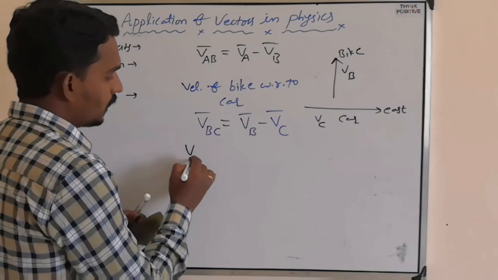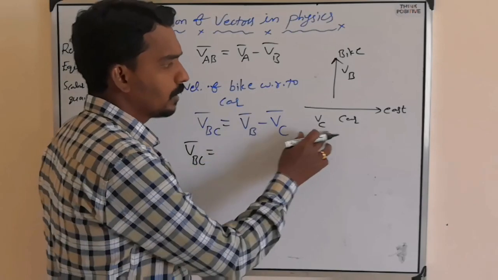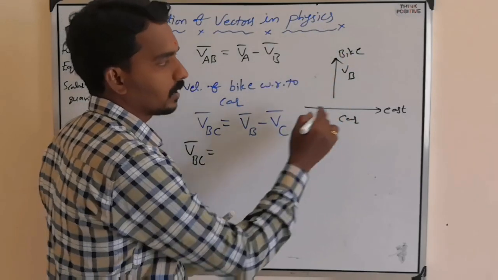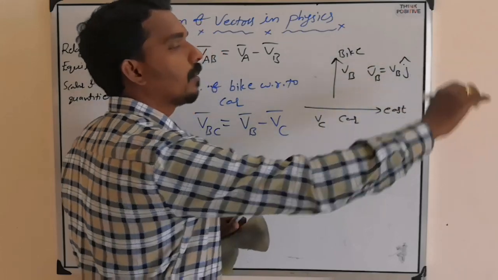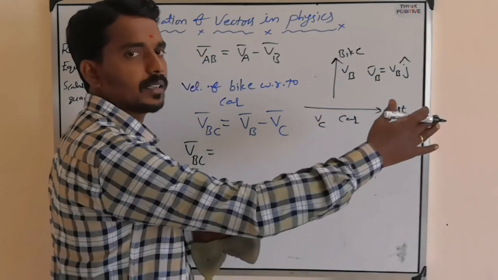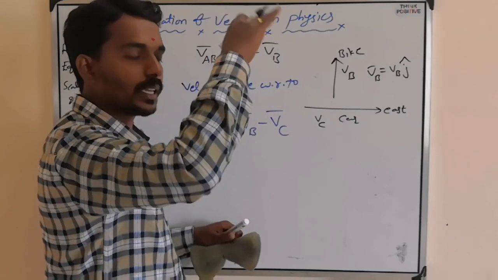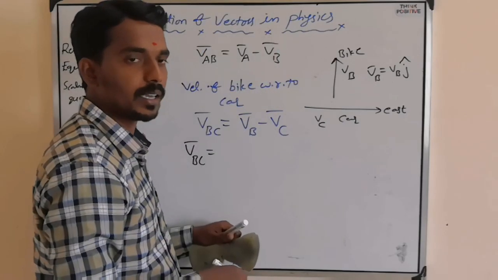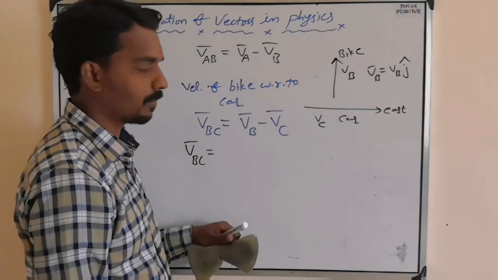Then VBC equal to VB bar. So VB bar is bike. So what is VB bar? VB J cap, because I said east I cap, north J cap. Upward K cap, downward minus K cap, or outward K cap, inward minus K cap.